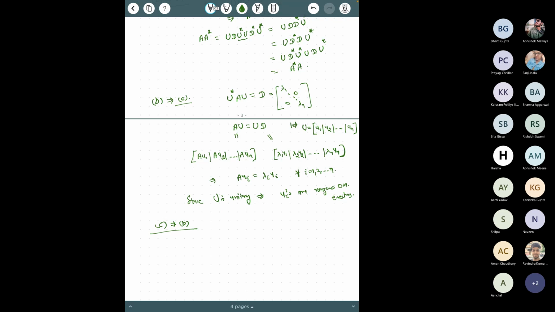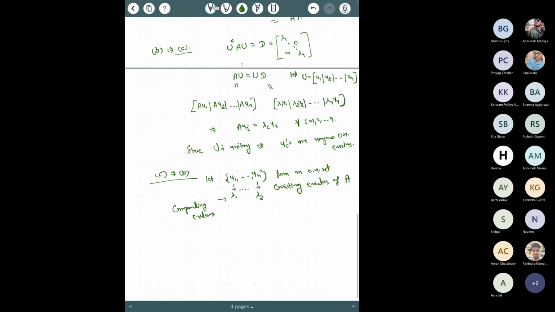Let u1 up to un form an orthonormal set consisting of eigenvectors of A. Without loss of generality, let lambda 1 to lambda n be the corresponding eigenvalues.